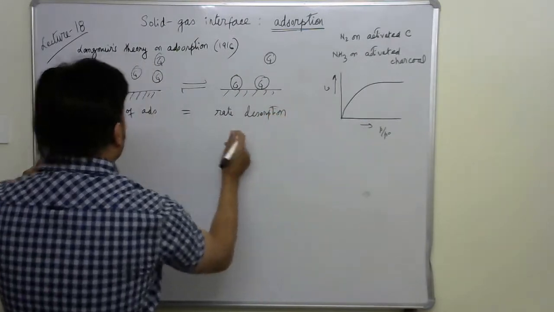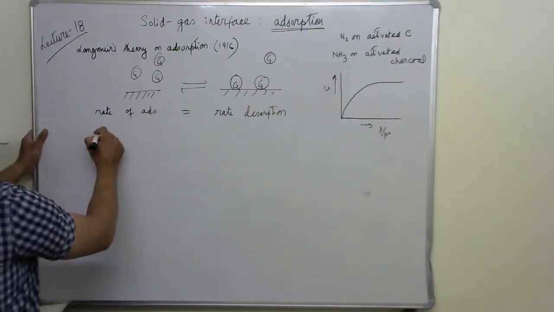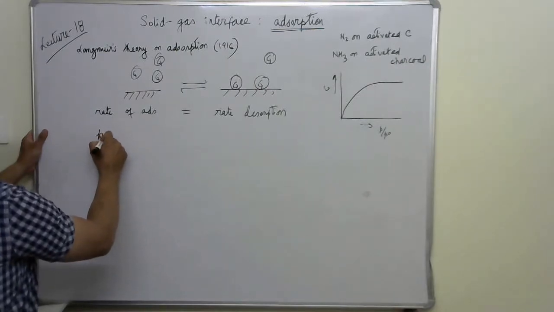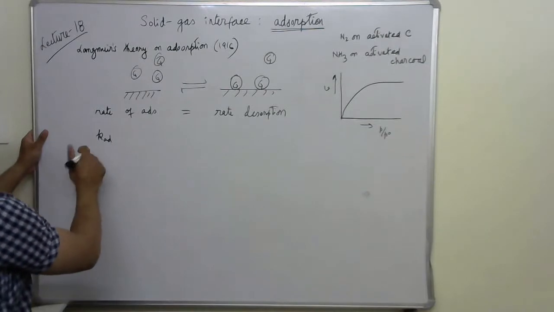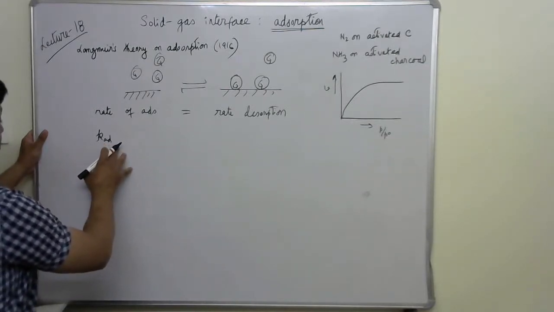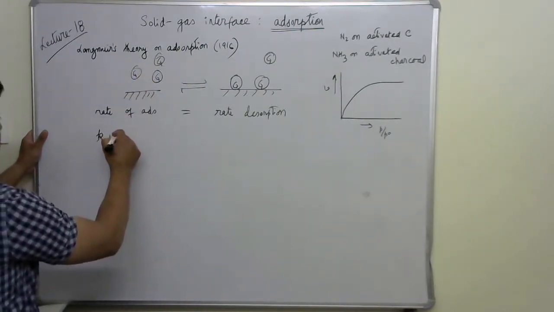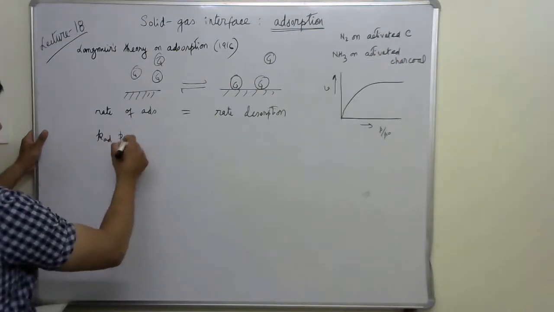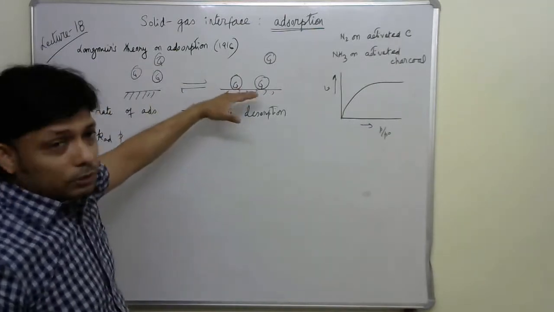All right. So what is the rate of adsorption? The rate of adsorption depends on the rate constant of adsorption. Let's assume K ad stands for the rate constant of adsorption, and it is also dependent on the pressure of the gas molecules, that is simply P. That means the higher the pressure, the higher the tendency of the gas molecules to interact with the surface.